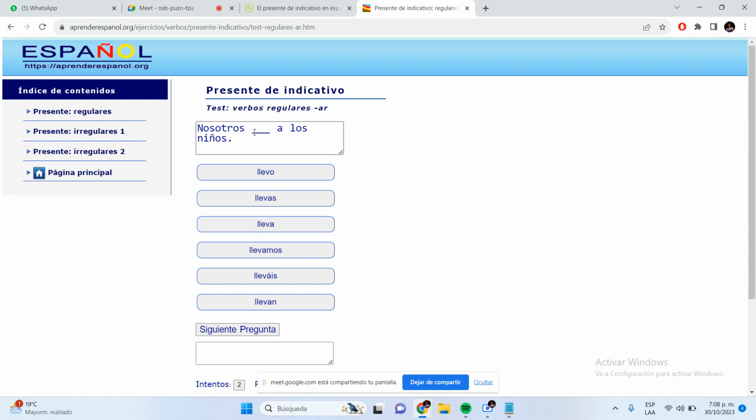Okay, so now the verb is llevar. Lavar, that's to wash? No, this is llevar, and it means to take, or to carry.